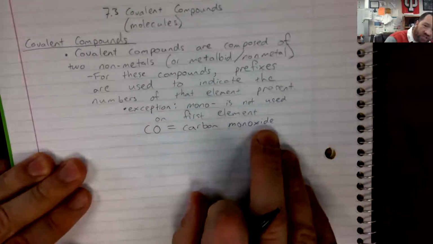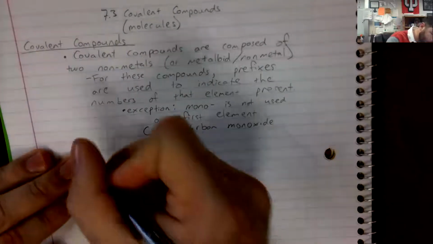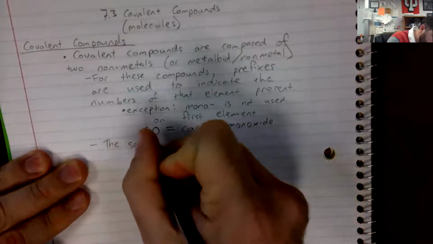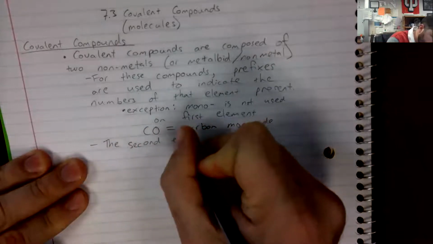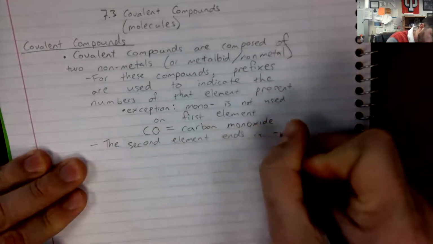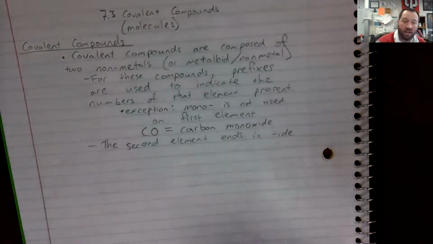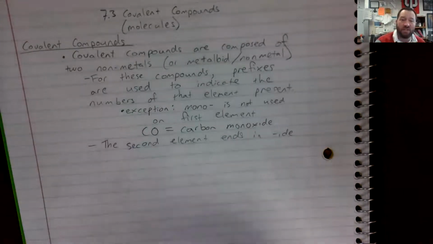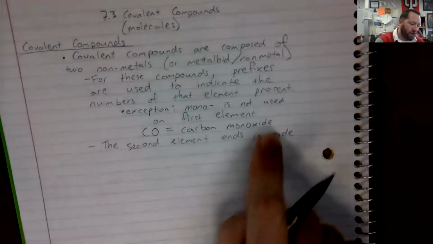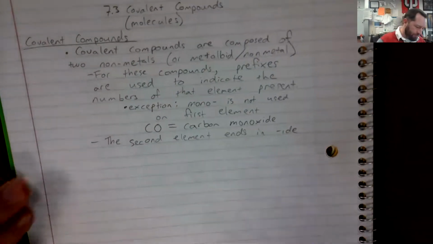And then you're kind of noticing it here, and you've probably heard it before, like carbon dioxide. Just like in our ionic compounds, the second element ends in ide, I-D-E. So see that there? You hear it in carbon dioxide. You'll see it quite a bit this week.